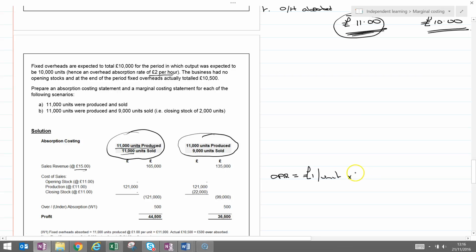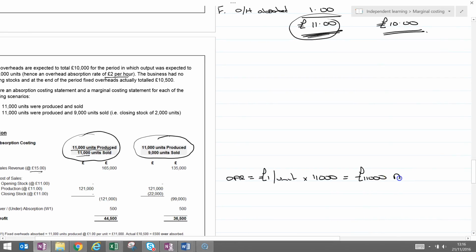So we've absorbed 11,000 units times £1 a unit. So we've got £11,000 absorbed.